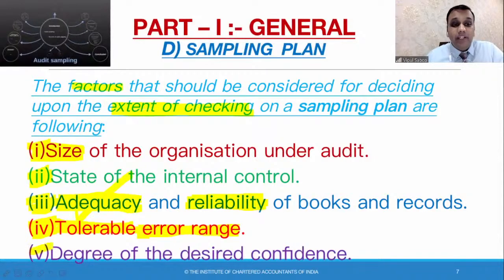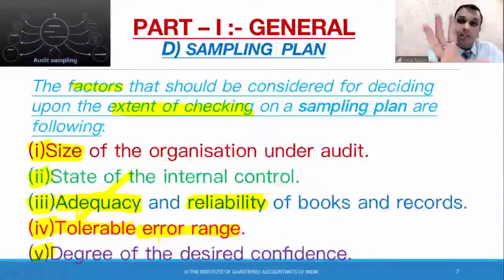And finally, the degree of desired confidence. After going through the controls, testing the controls, going through the books and records of the organization, what degree of confidence has he developed, and he feels that yes, I can place so much confidence in the client's work.